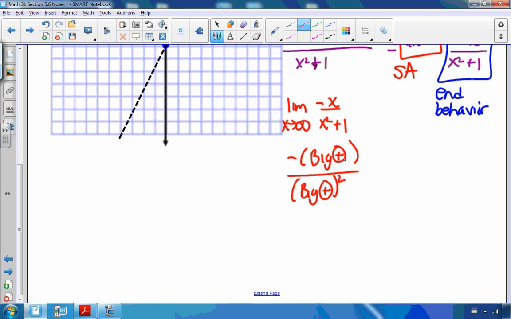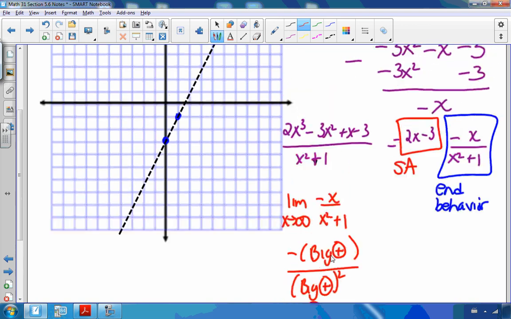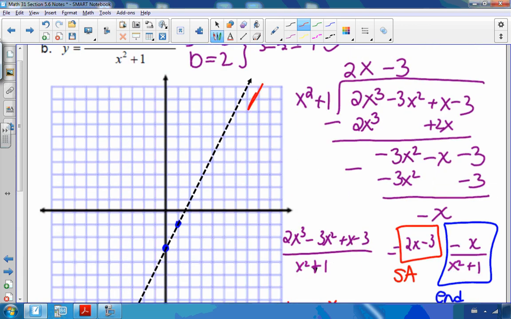So a negative big number divided by a big number squared is going to equal a negative value. That means that the right end, as I approach positive infinity, the curve will be below the slant asymptote. So over here, I know the ends of my graph will be below.